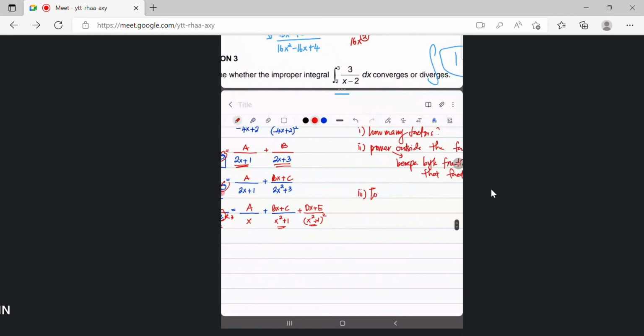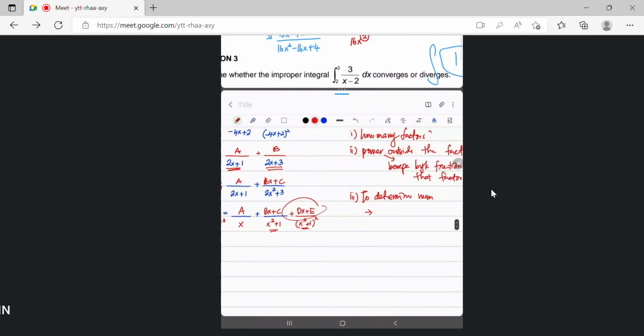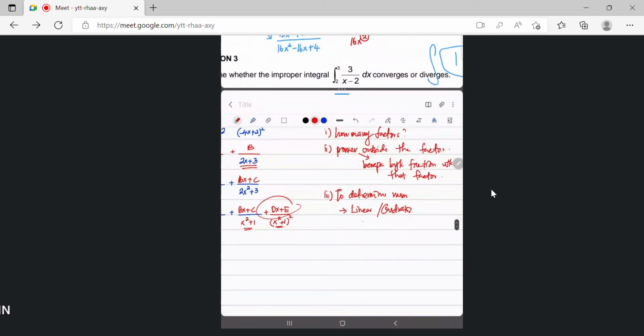numerator. Numerator ni apa? Numerator ni yang atas ni lah. Okay, nak determine, soalan yang korang kena tanya sendiri adalah linear or quadratic. Okay, apa yang linear dan kuadratik?